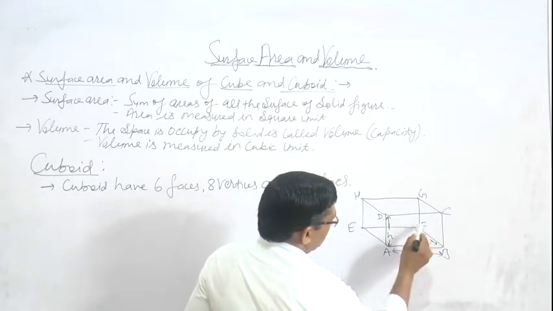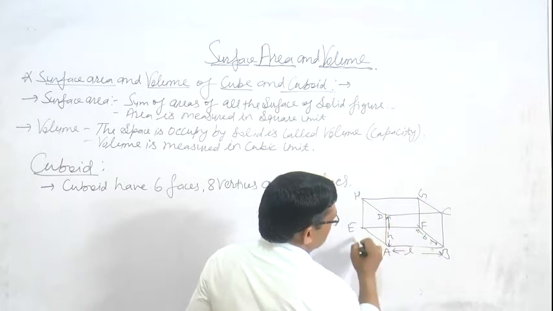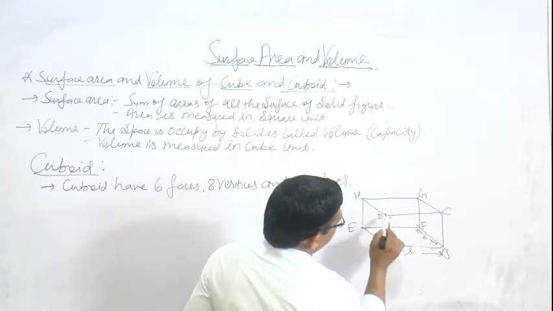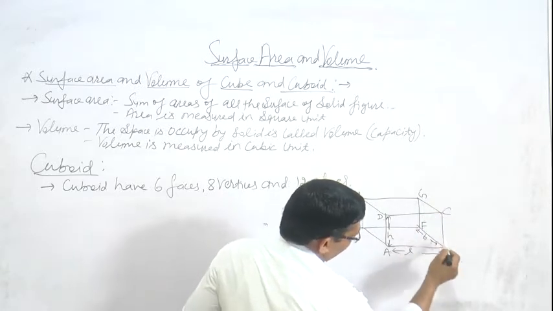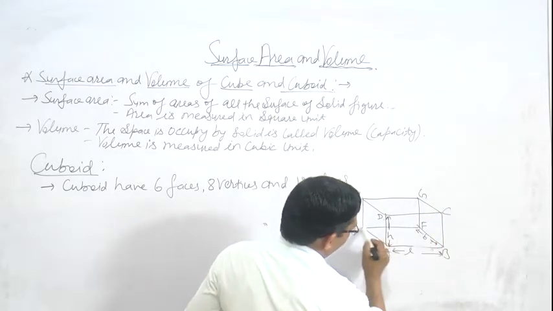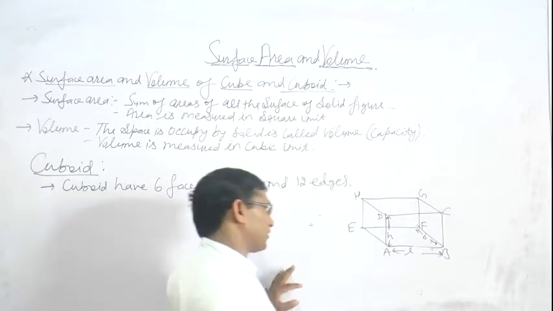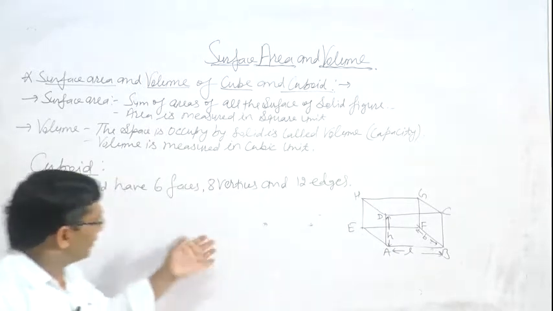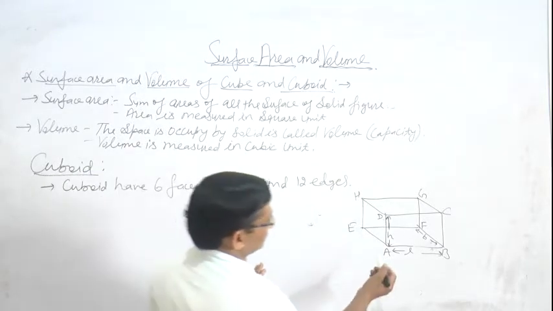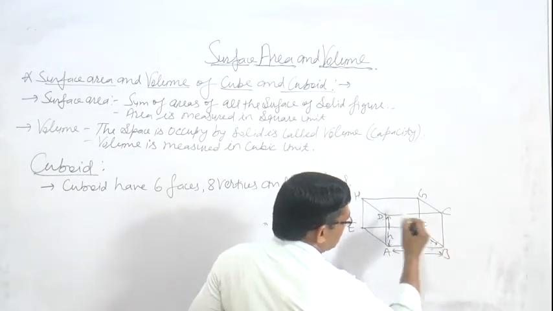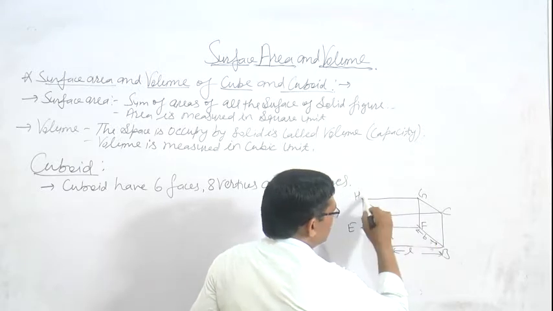Similarly, E, F, G, H is also a face. H, D, C, G is also a face. C, G, F, B is also a face, and B, F, E, A is also a face. So a cuboid has 6 faces.